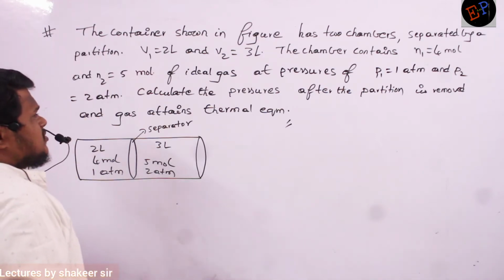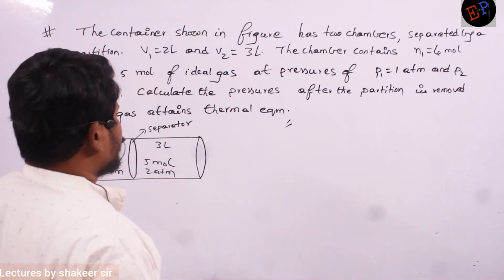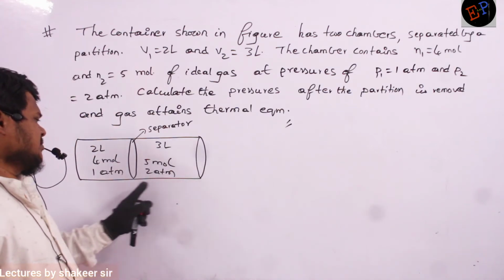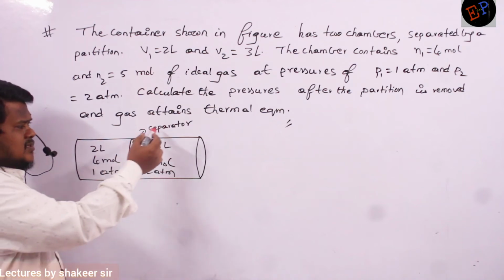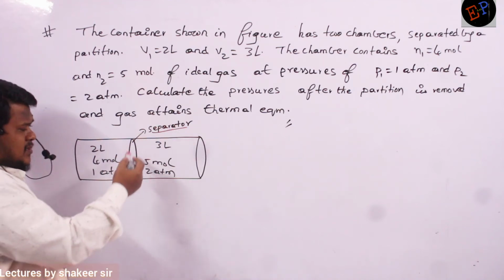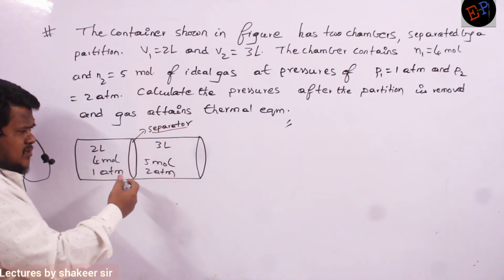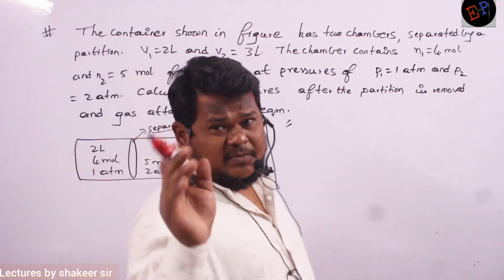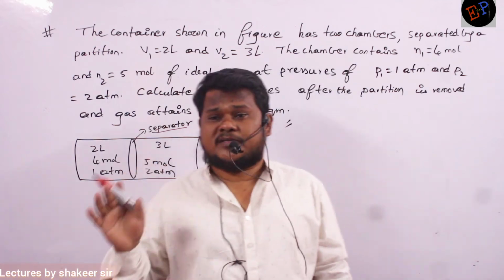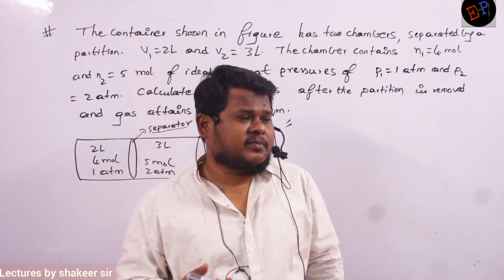So a container shown in the figure has two chambers. These are the two chambers of this container. They are separated by a partition. So this is a separator. He did not say that this is a diathermic separator. In chemistry we have done one problem, no? Diathermic separator means what?